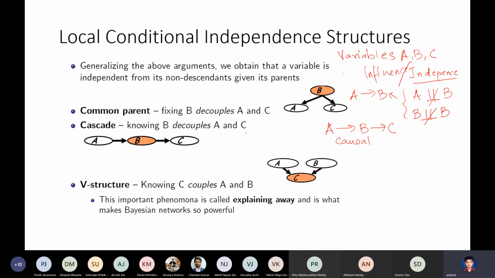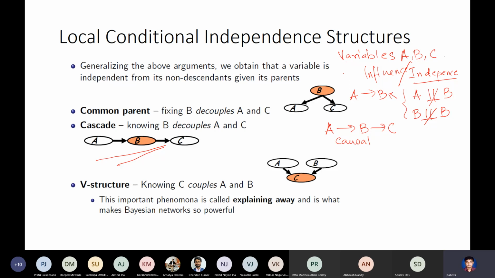Okay, so this is also sometimes called a cascade structure. So what can I tell? Naturally, I'm talking of 3 variables, so let me talk of conditional independences rather than just independences. Or in another way, does A influence C?